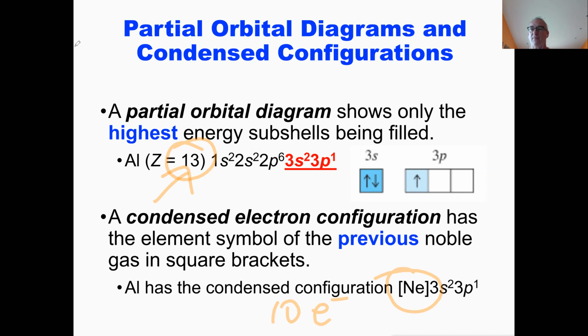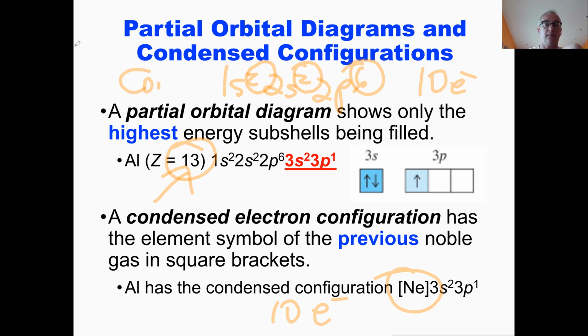And so neon has a full 1s2, 2s2, 2p6: 2, 4, 6, 10 electrons. They're all filled, and so these would be the core electrons, the ones basically not involved in bonding. We're not particularly interested in them; we just want to know how many there are.